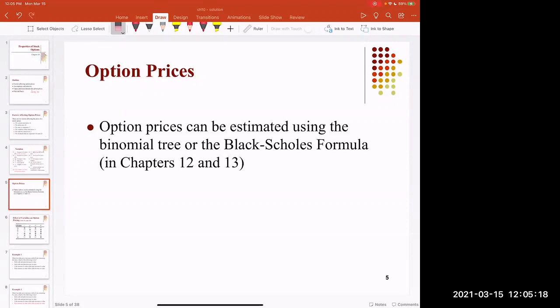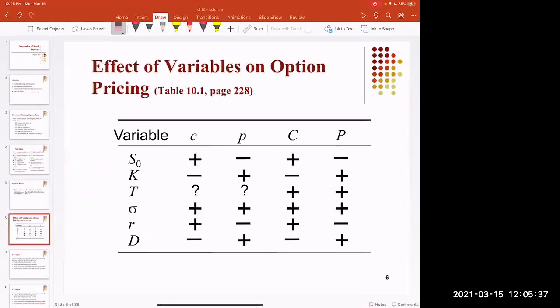In this chapter, we just talk about the range, which is the minimum value and the maximum value for option price. We will not calculate the option price as an exact number. Here I would like you to understand the effects of the variables on the option price. Here is the table to summarize that.